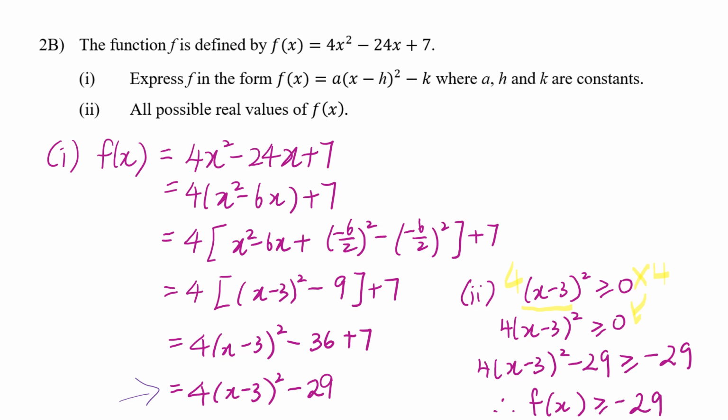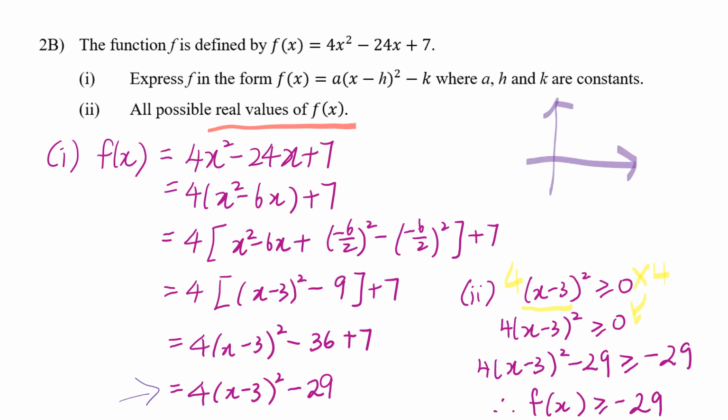If I draw the curve for you, you can understand better what this means. Your minimum point is (3, negative 29). Let me draw the curve properly for you with the x-axis and the y-axis.